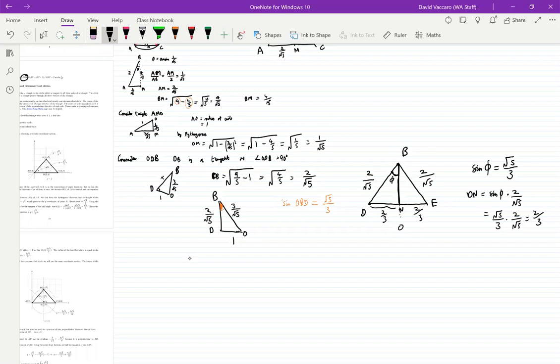And then the last thing I can do is find the height, NB, by Pythagoras. So NB is the square root of the hypotenuse squared, so that's 2 over root 5 squared, which is 4 over 5, minus 2/3 squared, so that's minus 4 over 9. Which is 36 minus 20, so that's 16 over 45. So that's 4 over root 45.